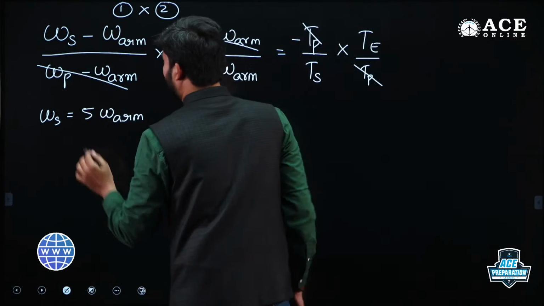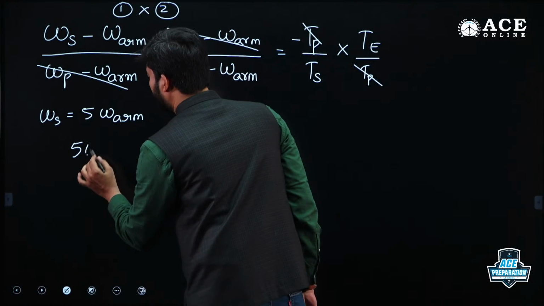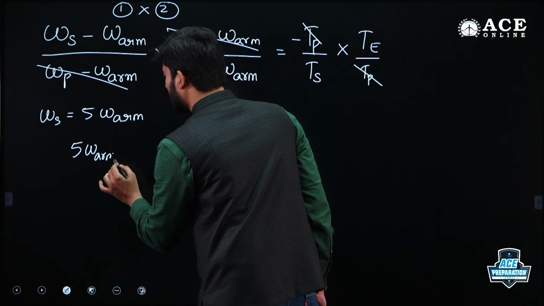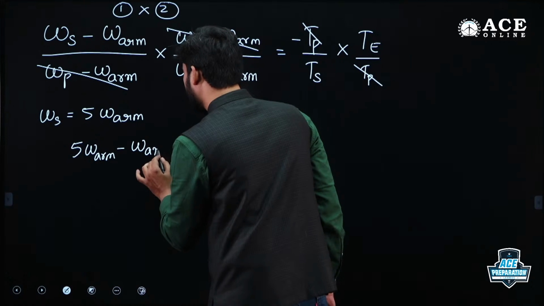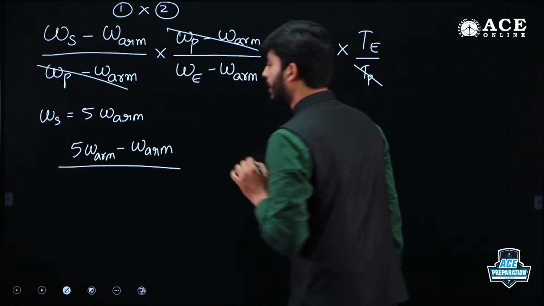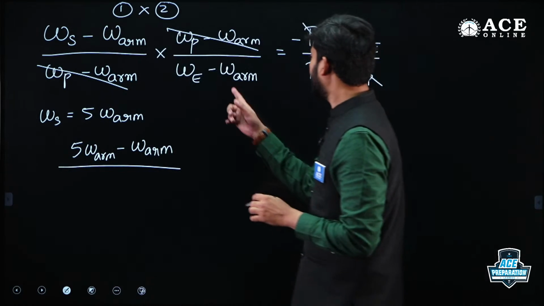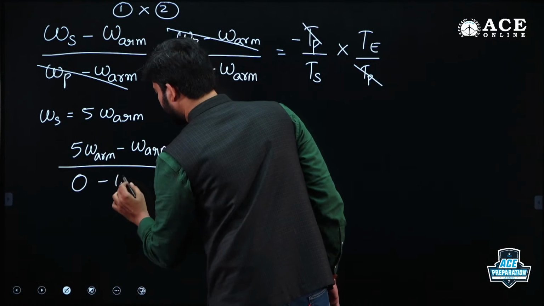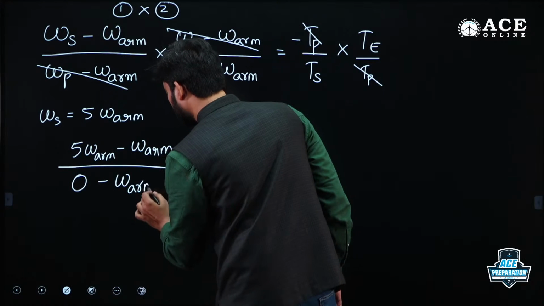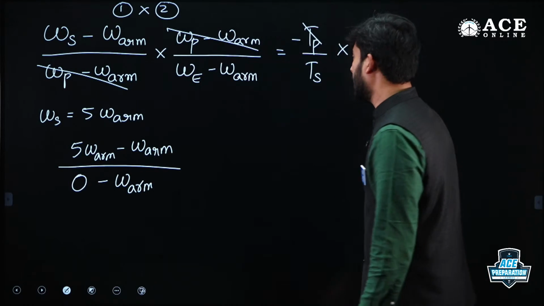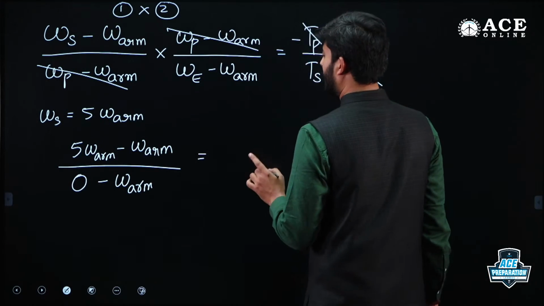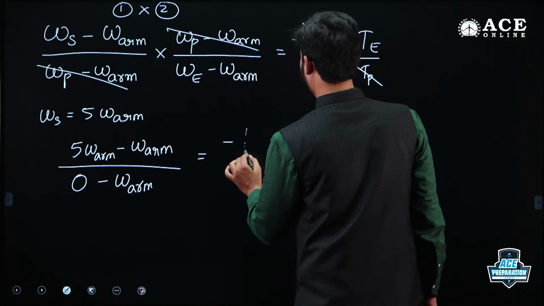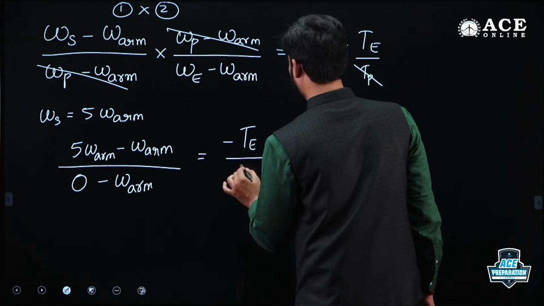Right. So what I can do is substitute here: 5 omega arm minus omega arm, divided by omega E, which is 0, minus omega arm. This is equal to minus Te by Ts.